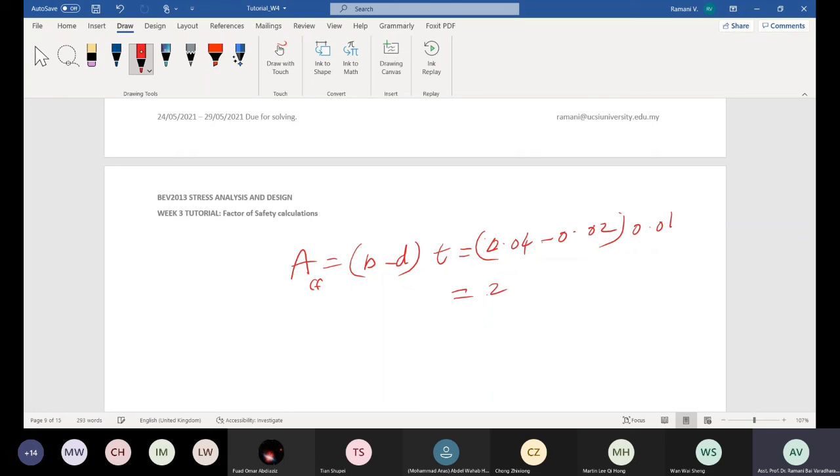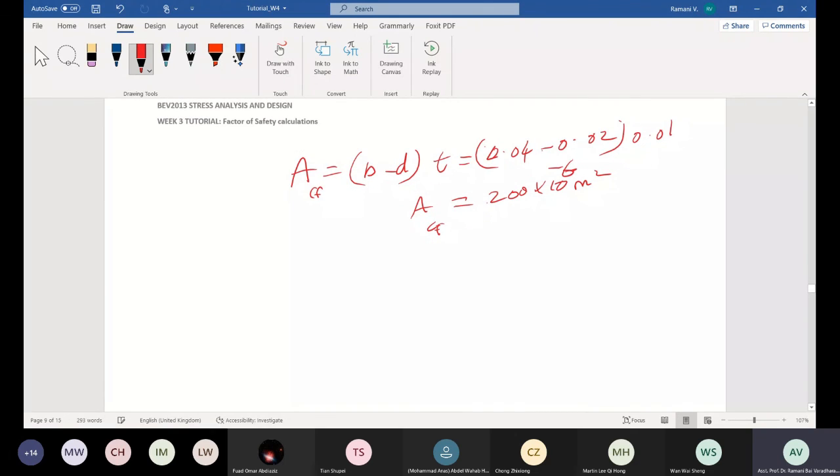The answer will be 200 into 10 power minus 6 meter square is the area, right? So meter square, CF in action. I got the area.